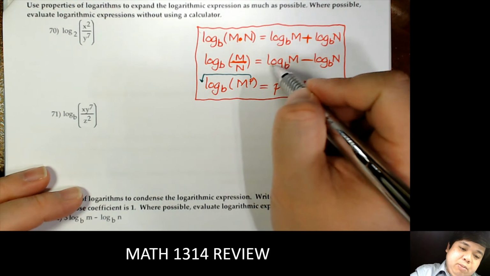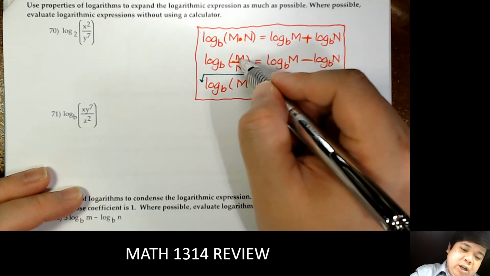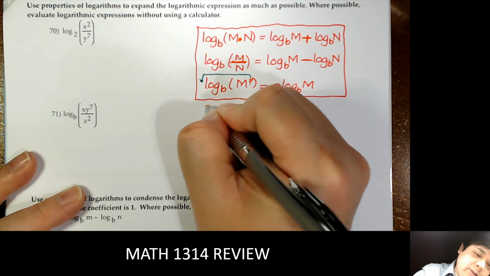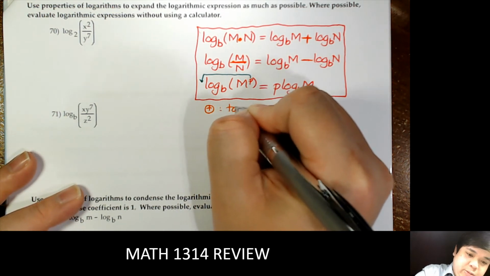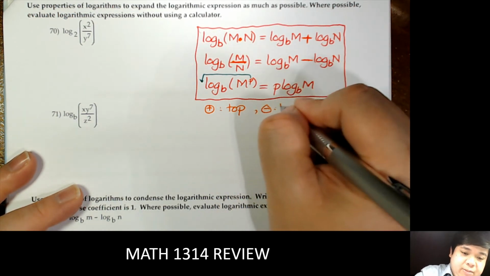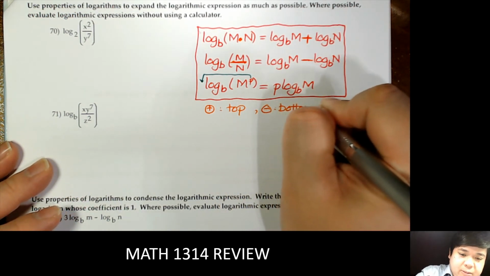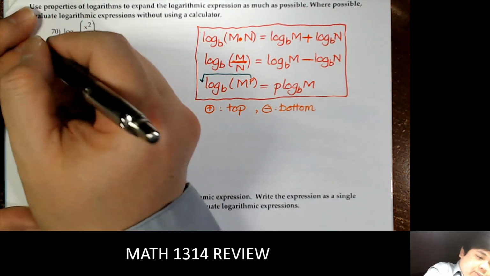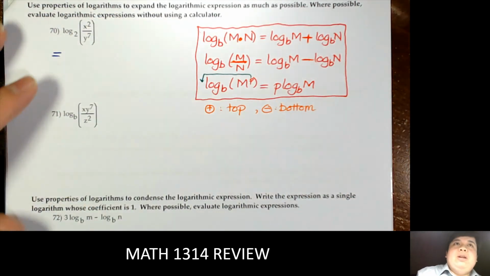If it is a positive coefficient, it will stay on top. If it's negative, it will be at the bottom. So write positive is for the top and negative for the bottom. Right. So those are the properties that we have.